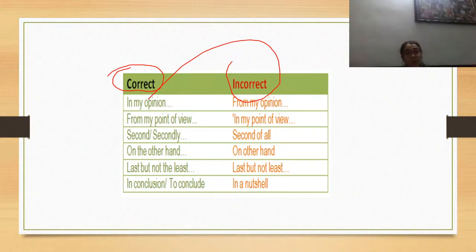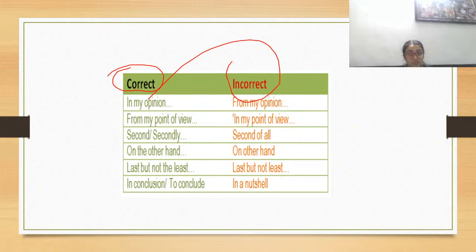"On the other hand" no. On the other hand, from my point of view, in my point of view, not. It is "from": from my point of view. In my opinion, not from my opinion. I agree.